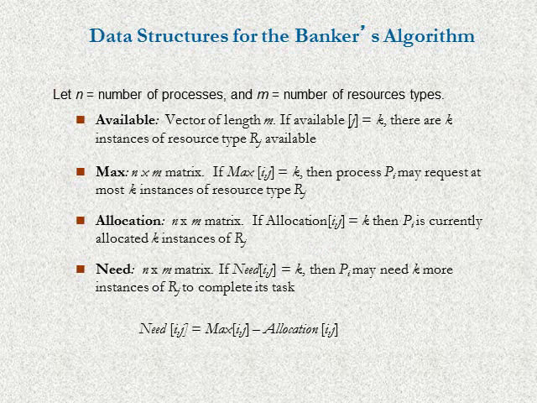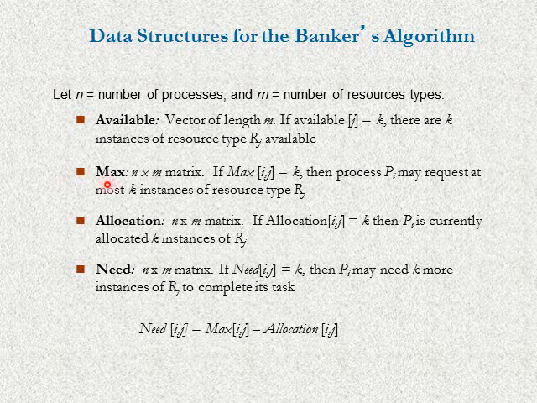Over here, we have the data structures as presented in the Banker's algorithm. So you can see that they are almost the same as we had in the previous example. The first matrix, a 2-dimensional array, is the maximum matrix.